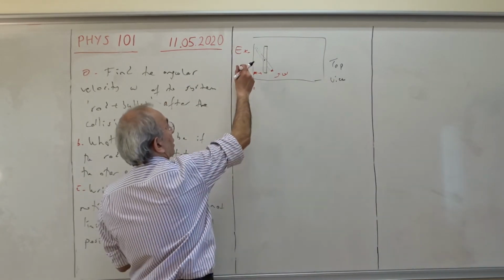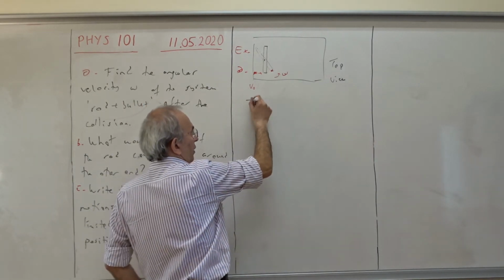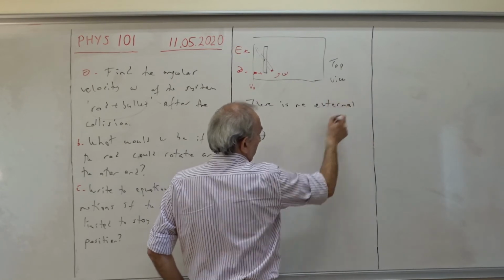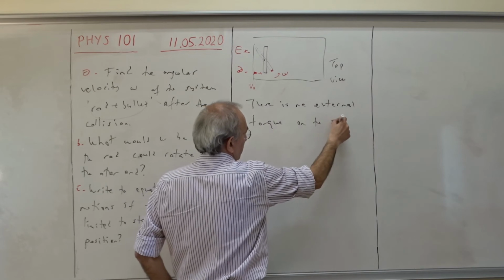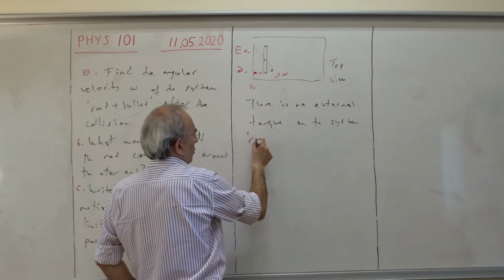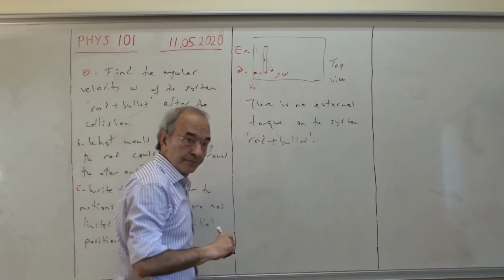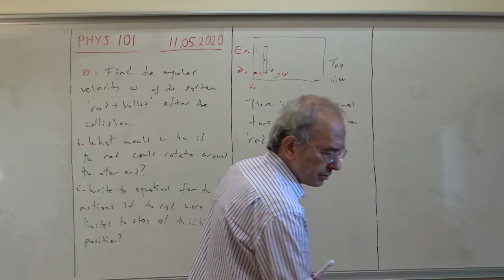So let's consider part A. There is no external torque on the system rod plus bullet. Then how do we write the equations?